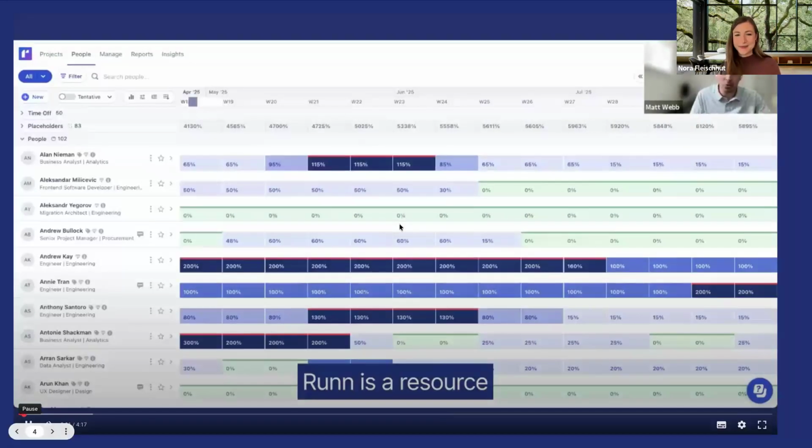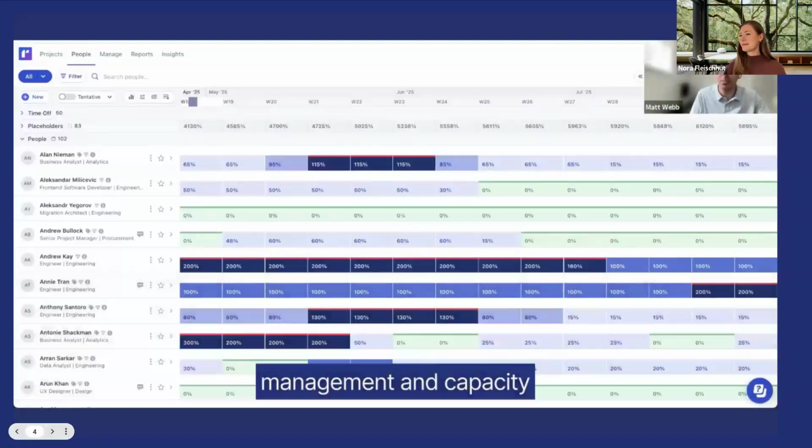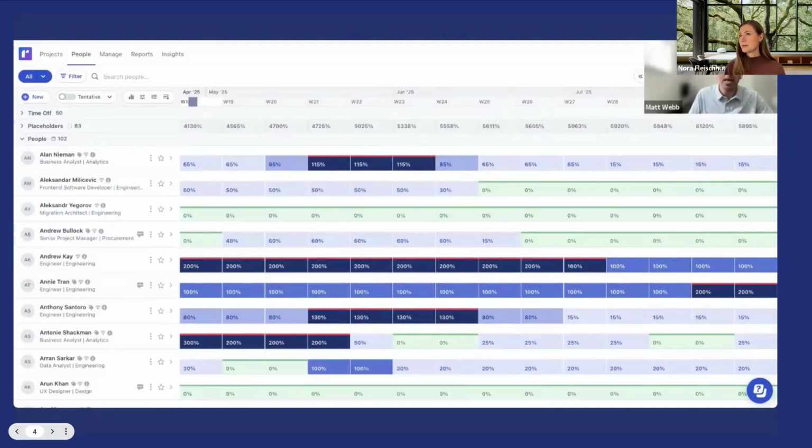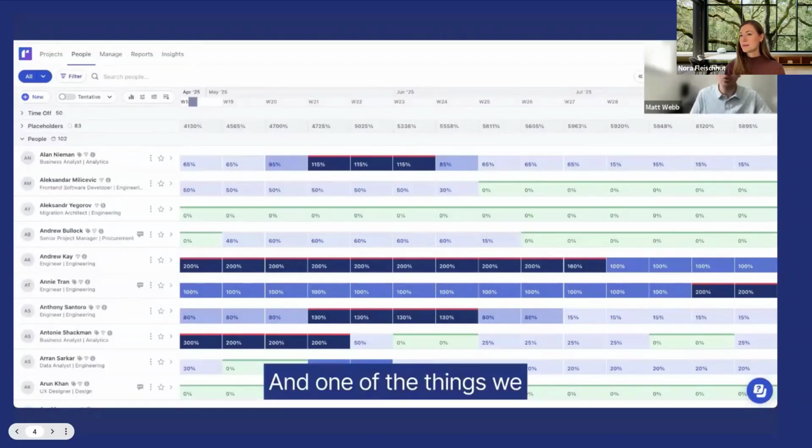Runn is a resource management and capacity planning platform that is really designed to help companies put their people first and do that by optimizing their workforce capacity and also aligning that with their strategic objectives. And one of the things we focus on the most is improving visibility.